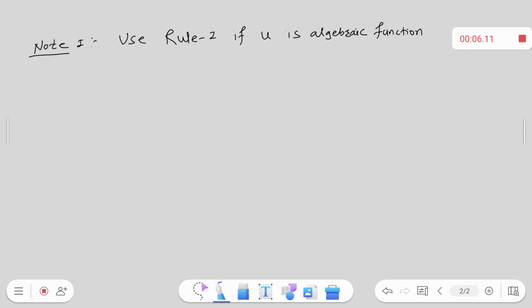And the second note: use rule 2 if u is not algebraic.